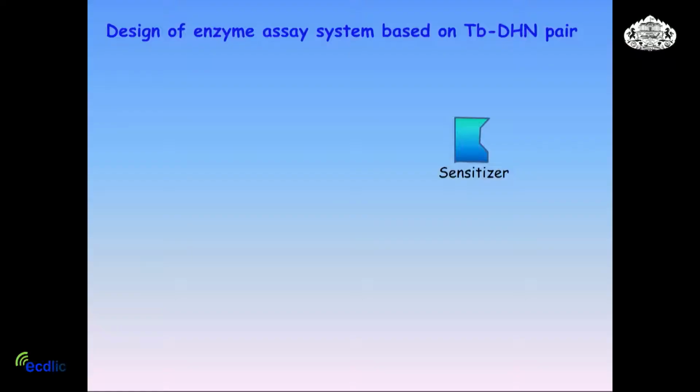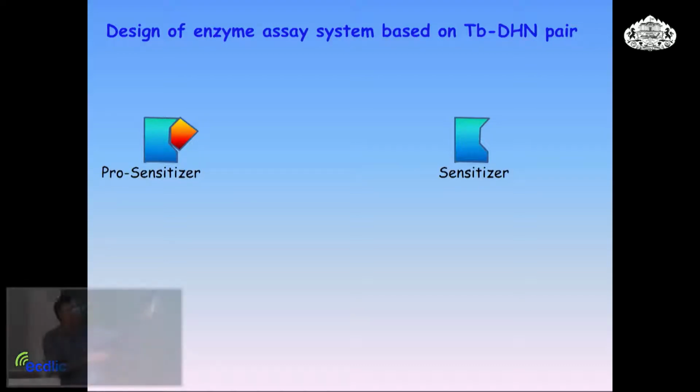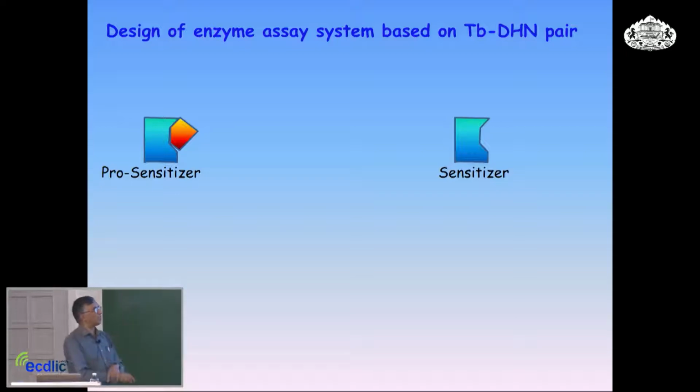And I will show you the idea or the hypothesis. Let's assume this is the dihydroxynaphthalene, which I will call a sensitizer. So this will sensitize the lanthanide in a gel. Suppose we attach an enzyme cleavable group to it and call it a pro-sensitizer. You might have heard about drugs and pro-drugs. So it is like a pro-sensitizer, which is one step removed from sensitizing the lanthanide.